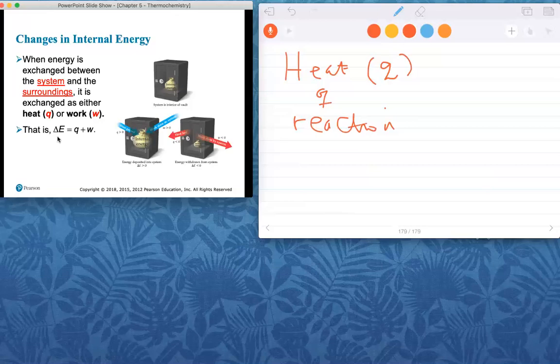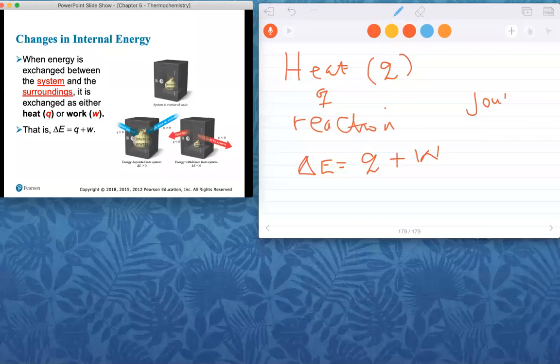And the change in internal energy, which we defined earlier, is obtained by Q plus W. Remember, the units for both are joules, the SI unit, unless it is in kilojoules or calories, in which case you have to convert. So we can calculate the change in internal energy. We know Q as the amount of heat gained or lost.